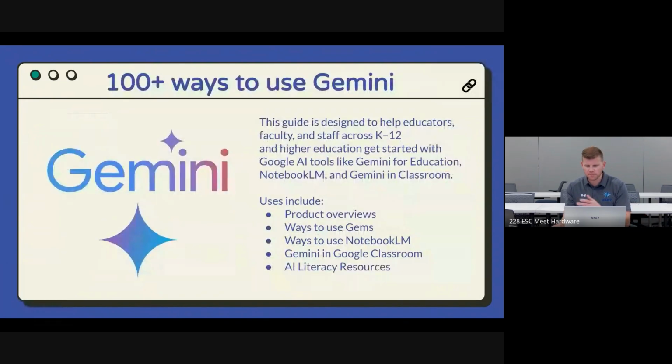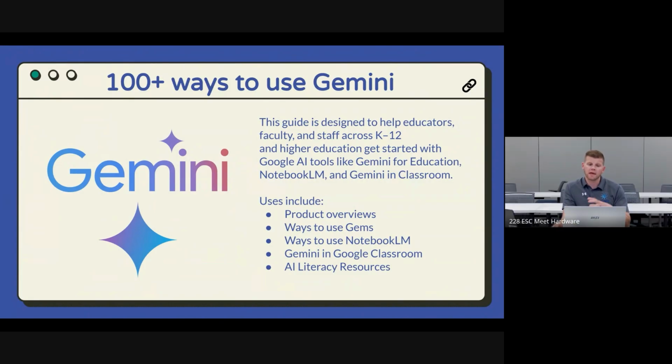Now, with Gemini, I want you to remember that this is Google's AI product. So basically, this is their competitor to ChatGPT, which burst onto the market about 3 years ago now. And since then, Gemini has been adding all kinds of new, really engaging things for us in that education space.